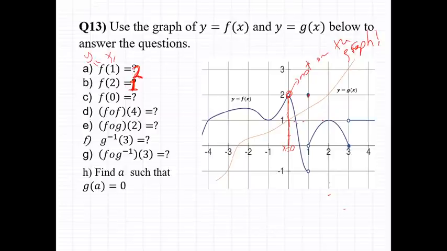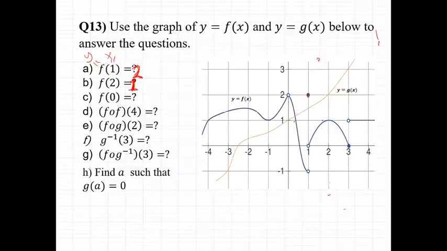So what does this mean? If x equal to 0 is not intersecting with the graph, it means there is no corresponding point on the graph. So no f of 0 here, right?